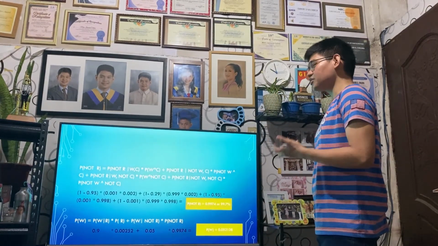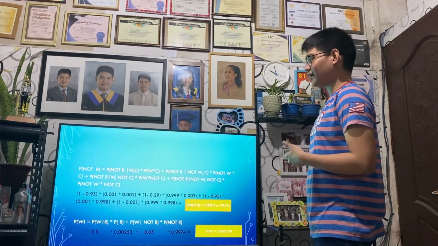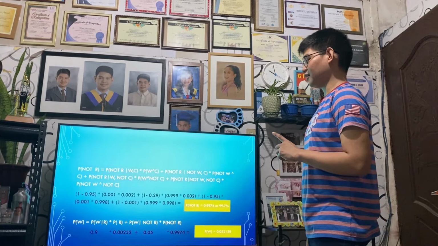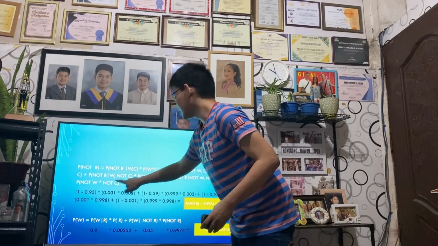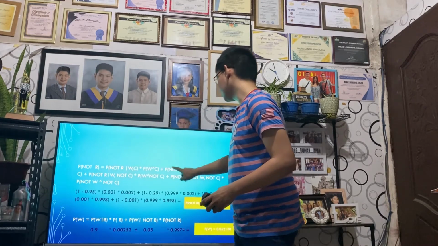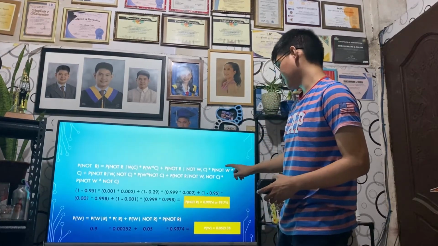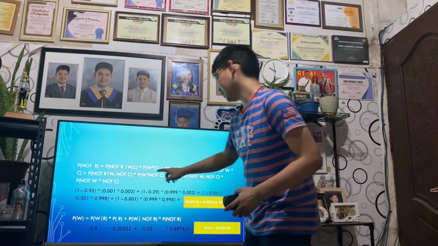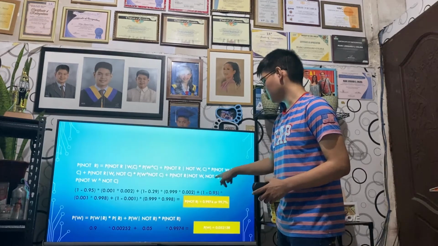Next, there's another unknown variable, which is the probability of not rain. To get that, there's only one slight difference. We just have to subtract from 1 the probability of rain given windy and cloudy, rain given not windy and cloudy, rain given windy and not cloudy, and rain given not windy and not cloudy.